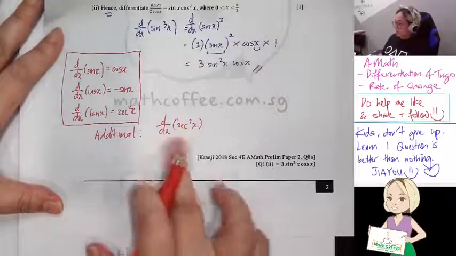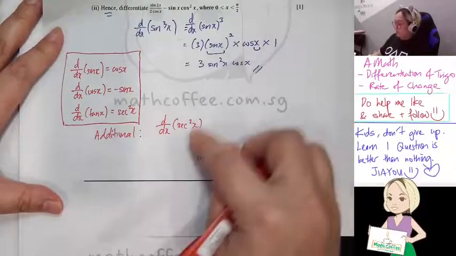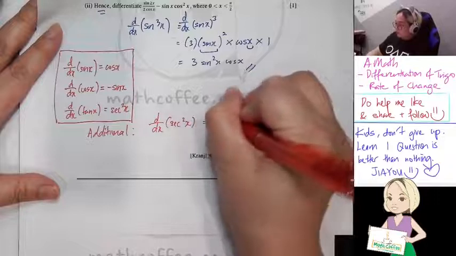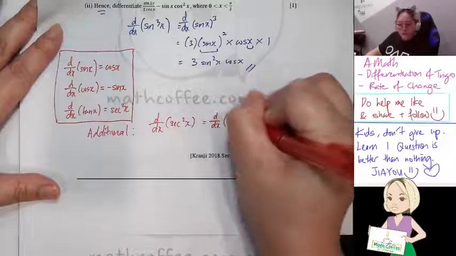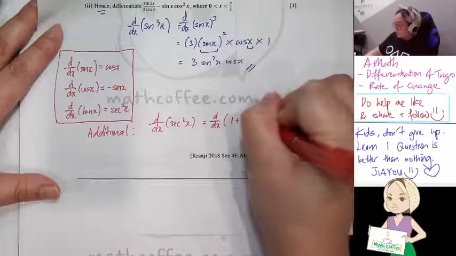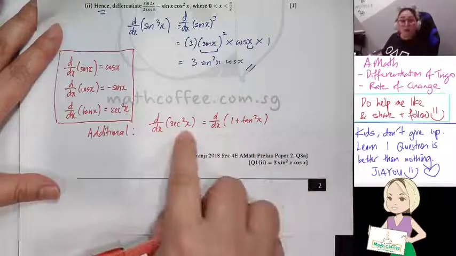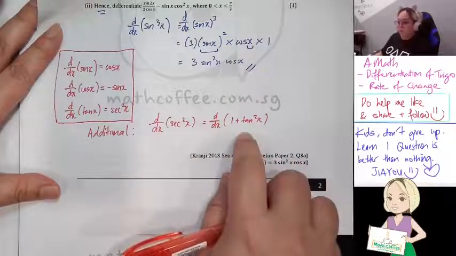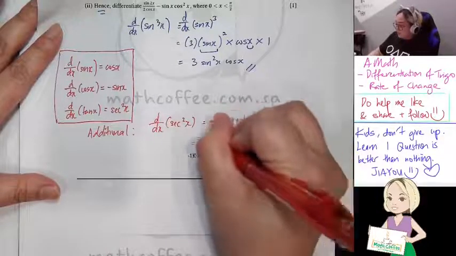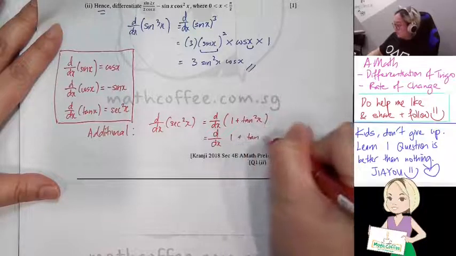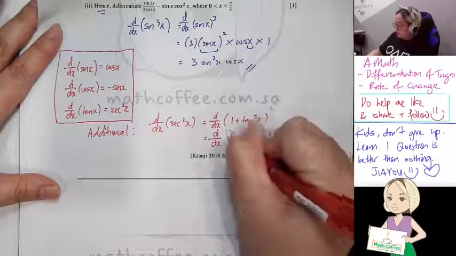Okay, so differentiate of this one, I have 2 ways of doing it. Either I change this, because I have the identity, so I can actually do it as, I want to differentiate 1 plus tangent square x. I can do that because secant square x is equals to 1 plus tangent square x. And differentiate this one, it will just be 1 plus tangent x square.